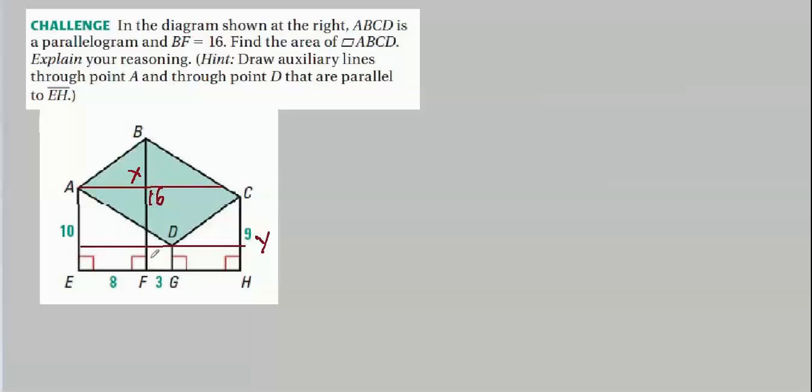Well, this section of that segment is 10. So maybe I should write 10 in here to indicate this is the length from here to here. And up here I write 6. The whole thing is 16, and this section here has to be 10 because this forms a parallelogram, so this side has to be exactly the same as this side.